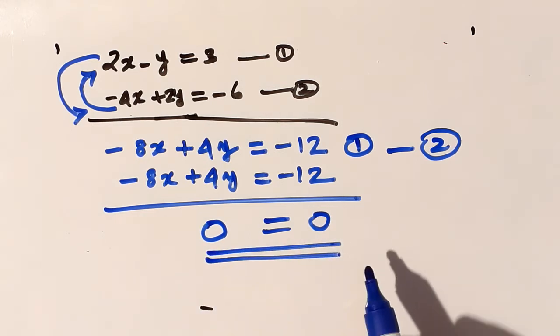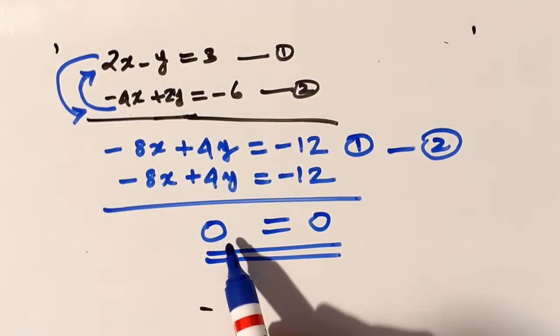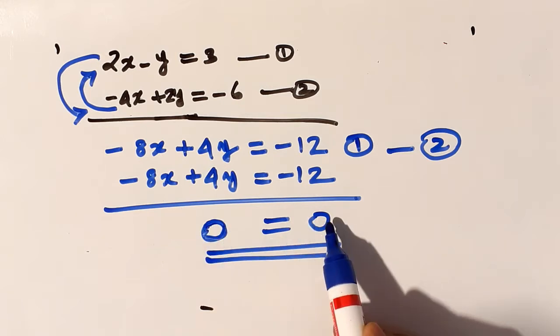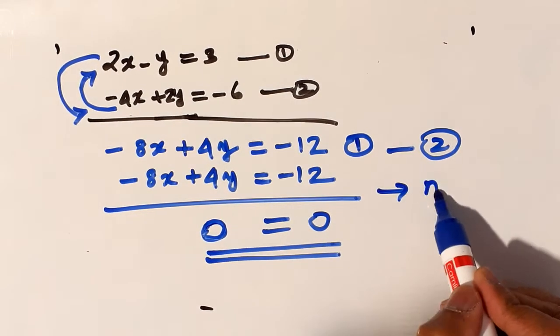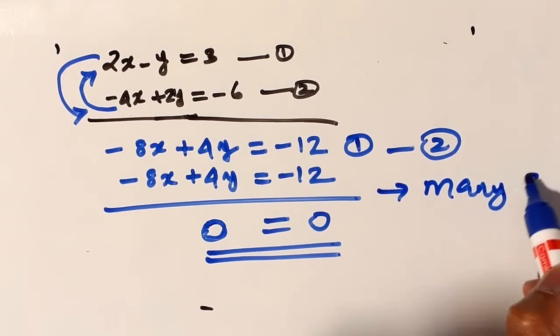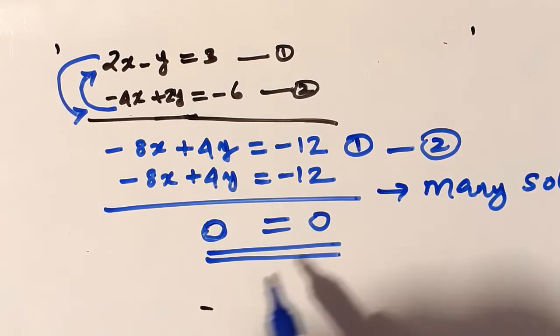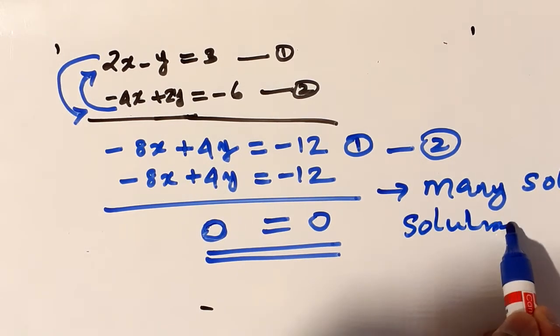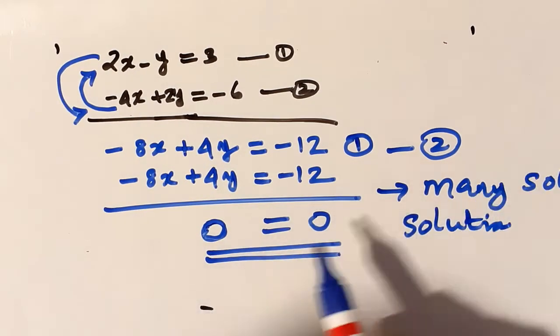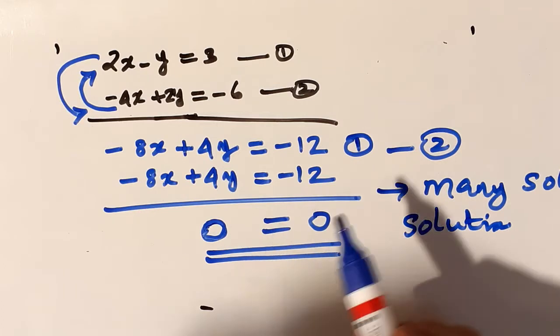Whenever you solve two equations and you get left hand side and right hand side equal to 0, 0, this means it has many solutions. So the answer is it has many solutions.